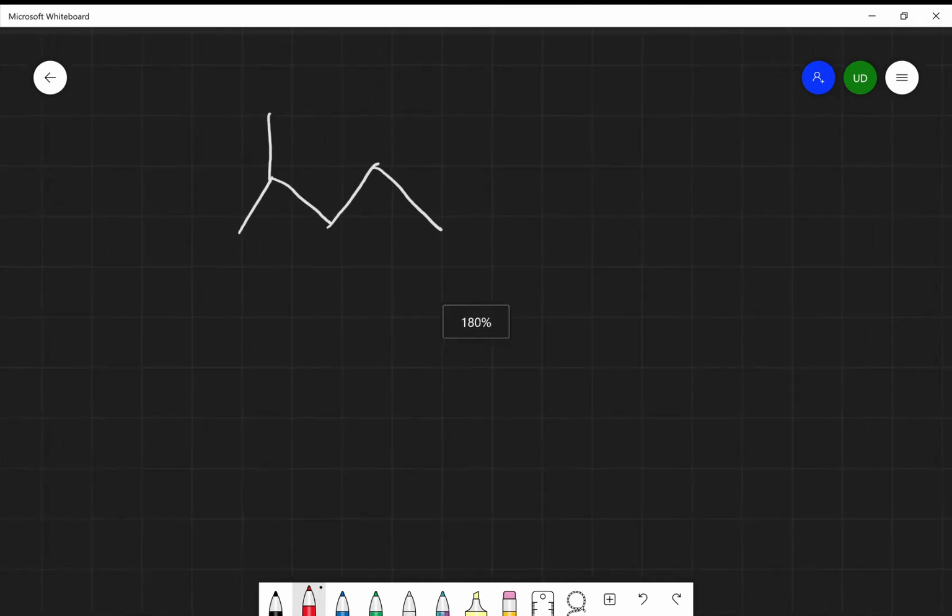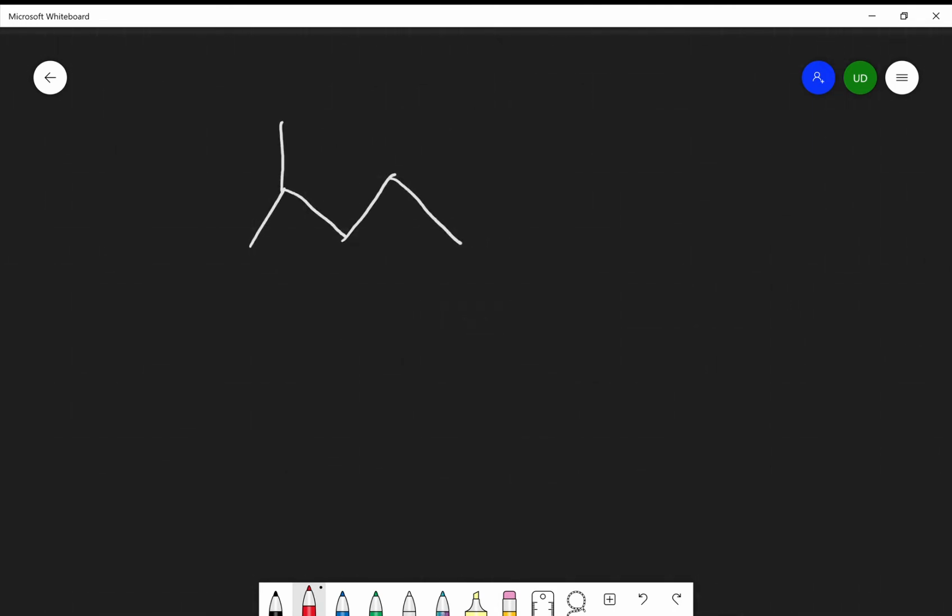Okay, so let's try this example. How do we start? Again, you start by finding the longest uninterrupted carbon chain. So you would go from 1, 2, 3, 4, 5.